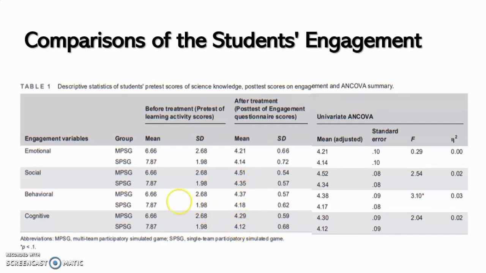This table indicated that only behavioral engagement showed a trend toward a significant difference, where the p-value was 0.03. It means that students in the MPSG group may tend to have a higher level of behavioral engagement than students in the SPSG group.